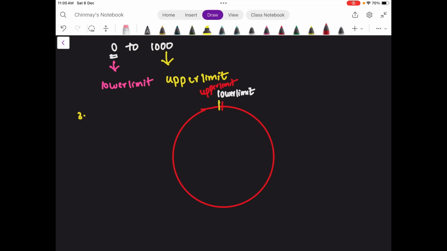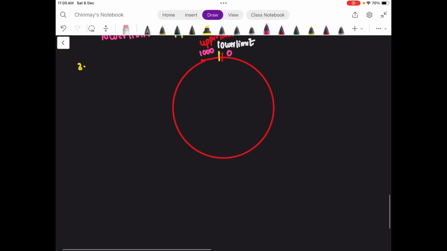That means 0 will be placed here, 1000 will be placed here. And how many nodes do we have? We have 3 nodes. We can add any number of nodes, but in the example we are considering 3 nodes.